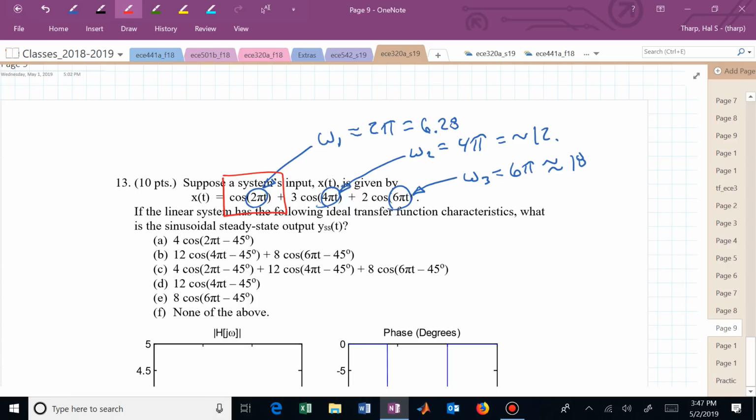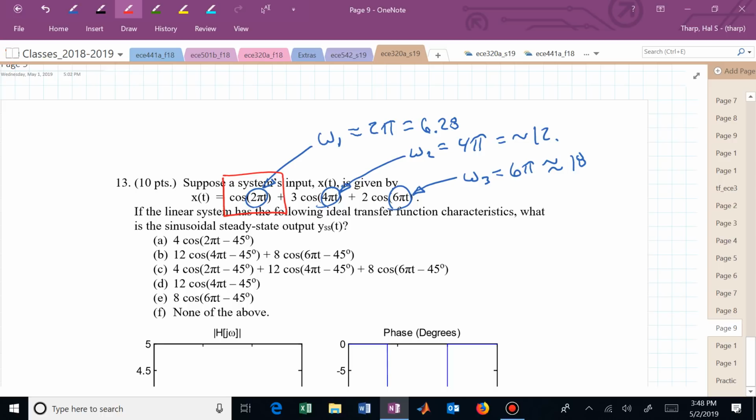And now this system is linear, so I said it's a linear system. If we're shaking it at 2 pi radians per second, what are we going to see coming out? 2 pi radians per second. So now we look down here and say, okay, do any of these have a 2 pi?